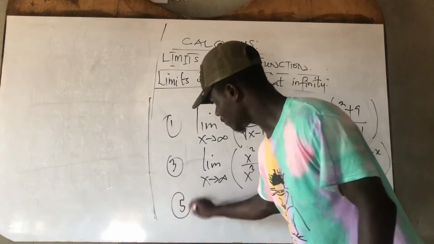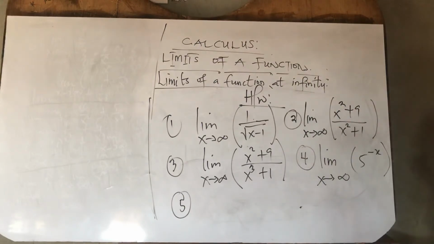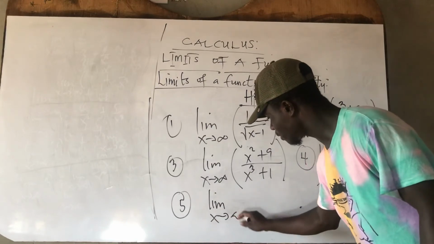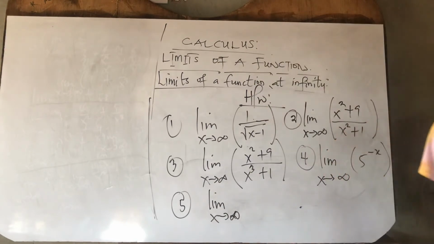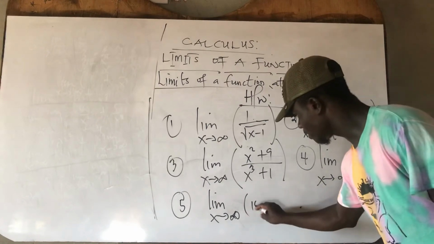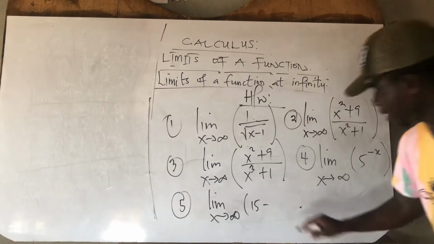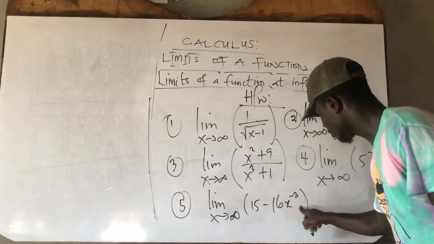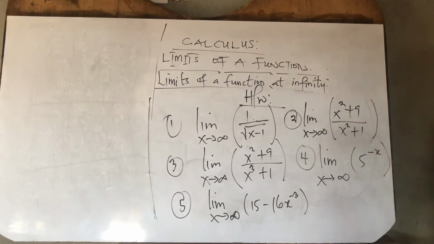Then 5, you find the limit as x approaches infinity of 15 minus 16 x to the power negative 3. That's that.